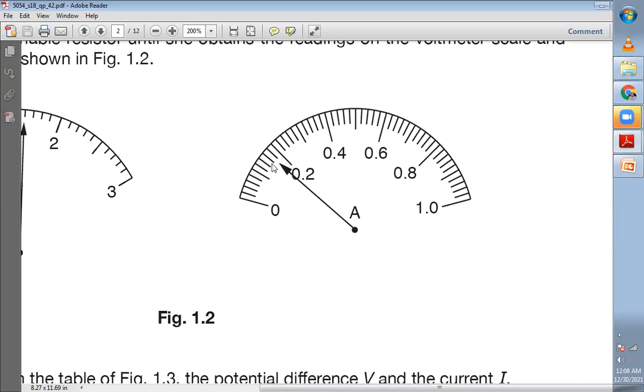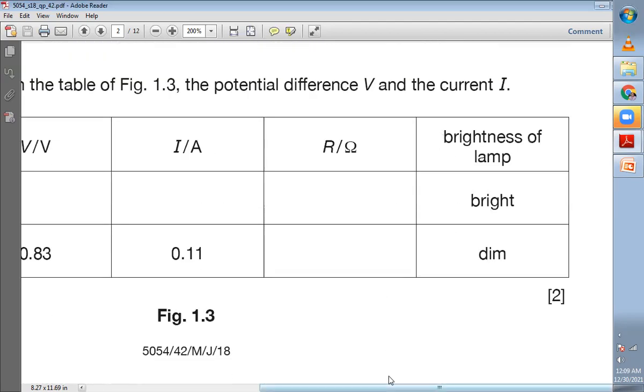So this is between 0.16 and 0.18. It will be something like 0.17. The reading will be 0.17. So these are the readings which you will enter here.